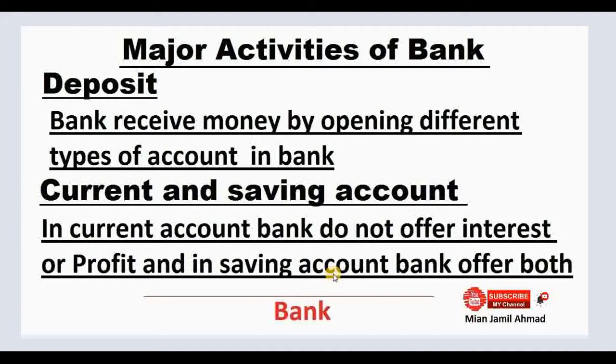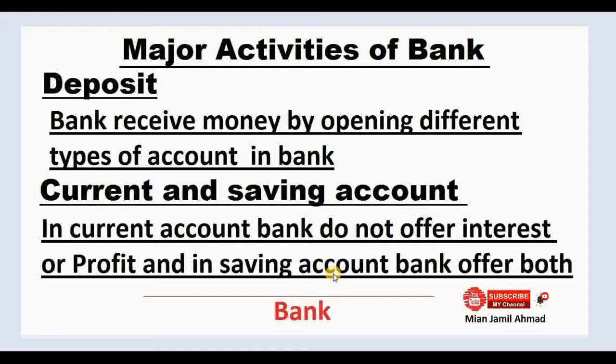The major activities of banks are deposits and advances. How does a bank receive money? A bank receives money by opening different types of accounts, and people deposit their money in them. There are current and saving accounts.